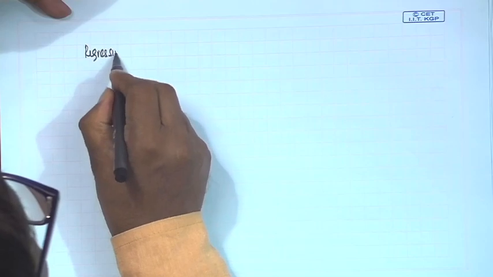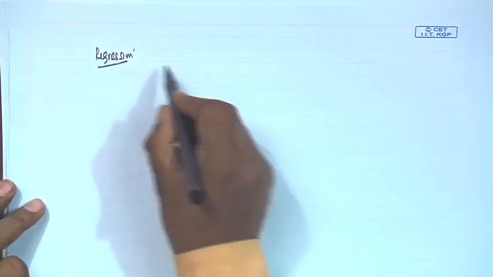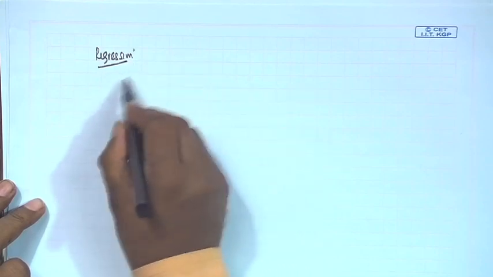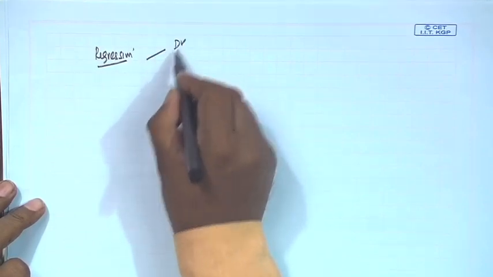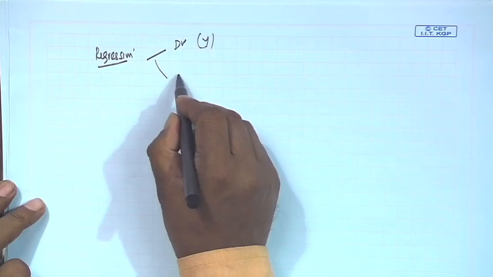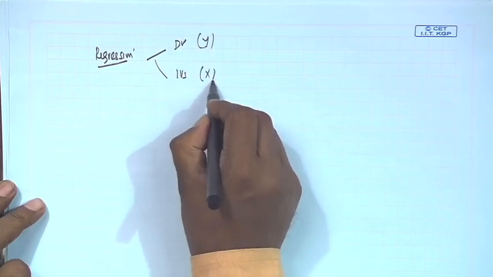So let me summarize the thing. We talked about regression, and primarily it is linear regression, and obviously we have two sets of variables, one dependent variable and several independent variables.